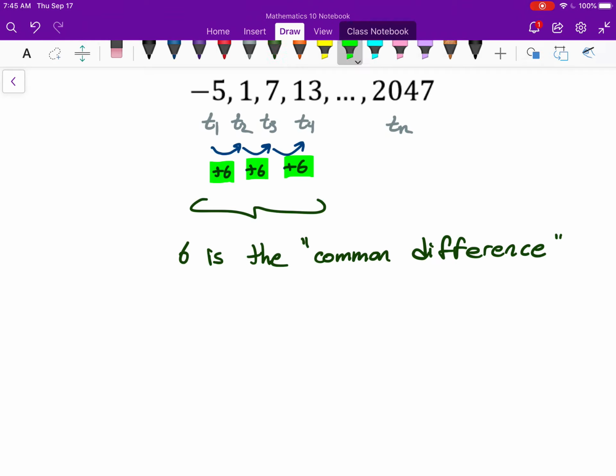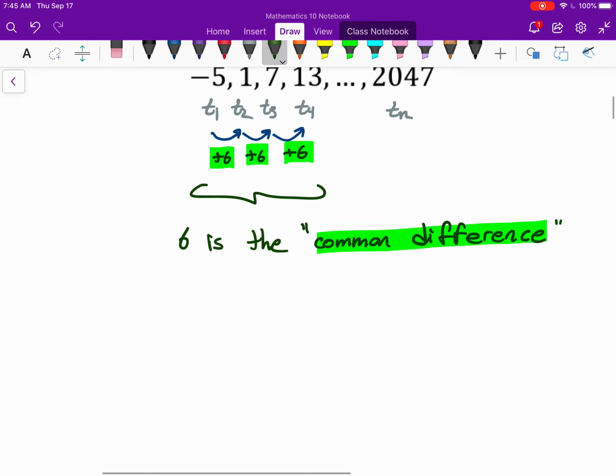All right, so that phrase, common difference, is pretty easy to figure out if it truly is an arithmetic sequence. Essentially, you just take any term and subtract from it the one before. And so, common difference, we usually call that just d, if we are too lazy to write out all those letters for common difference.